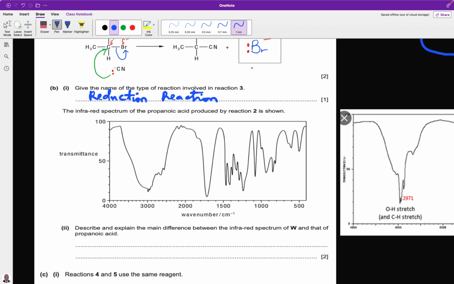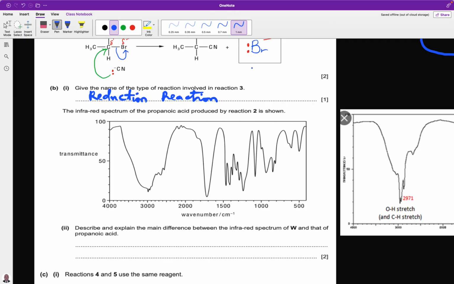This is the spectrum with wave number from 500 to 4,000. The transmittance is there. You have seen it well. Look at the peaks very well, where the peaks are broad, where they are sharp.